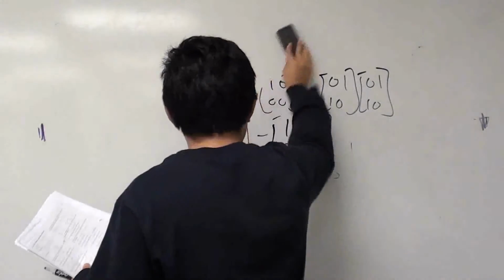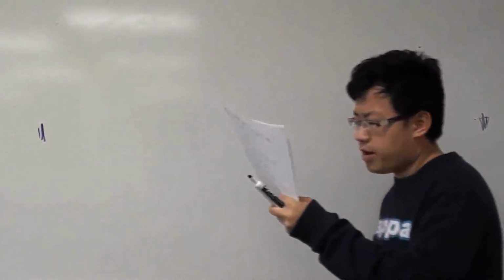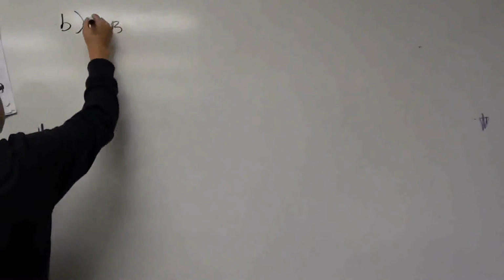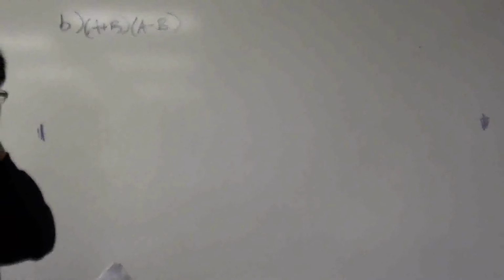The part where it gets a little more interesting is B. Say the formula for multiplying out (A + B)(A - B). Okay, so let's take a look. It's going to be (A + B)(A - B). Now, it's not that it's hard, but maybe you're stuck as to where this new formula comes from in the solution manual.